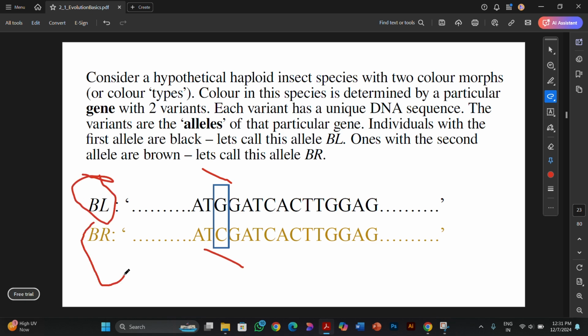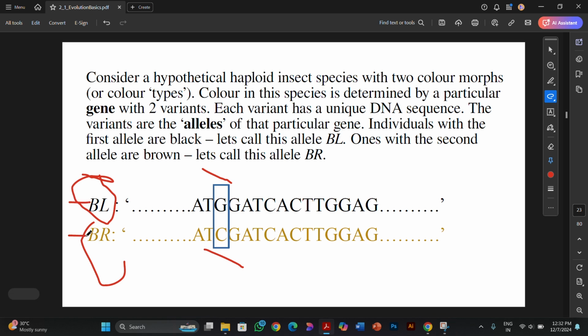So now we are taking an example to understand the whole evolution thing. That is a hypothetical haploid insect species. There are two color morphs determined by alleles. The allele that causes black is marked as BL, and the brown-causing allele is marked as BR.